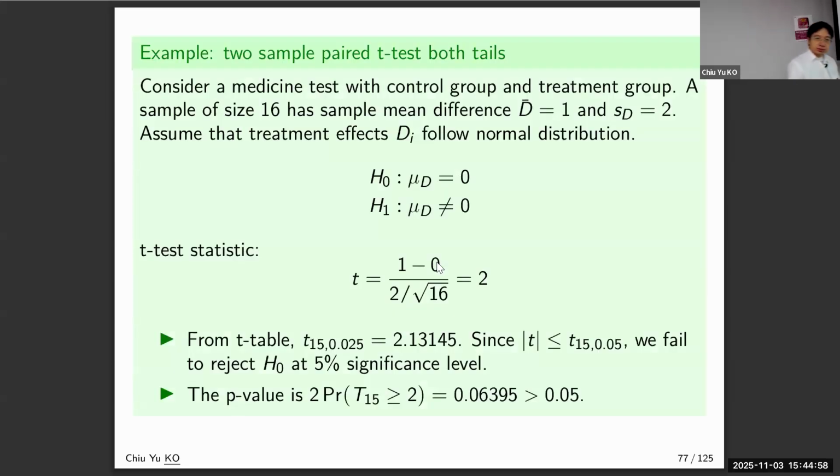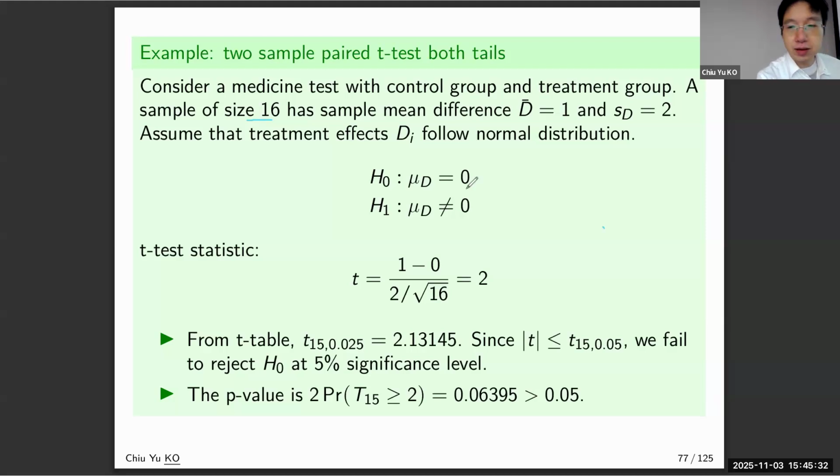So let us actually work on this problem. You have data about the treatment group and control group, with a sample size of 16, the mean difference is 1, and the SD is 2. Then how do we calculate? Remember, this is a bell curve.